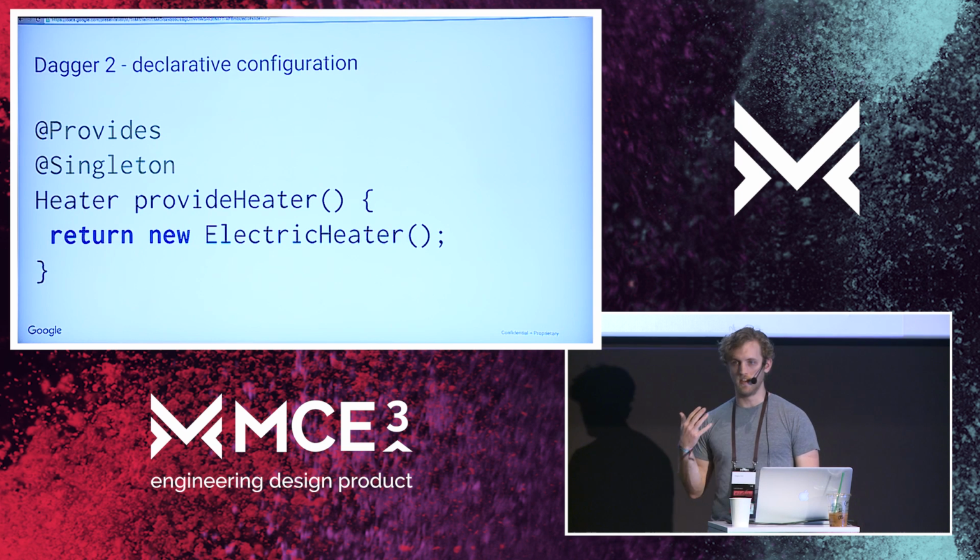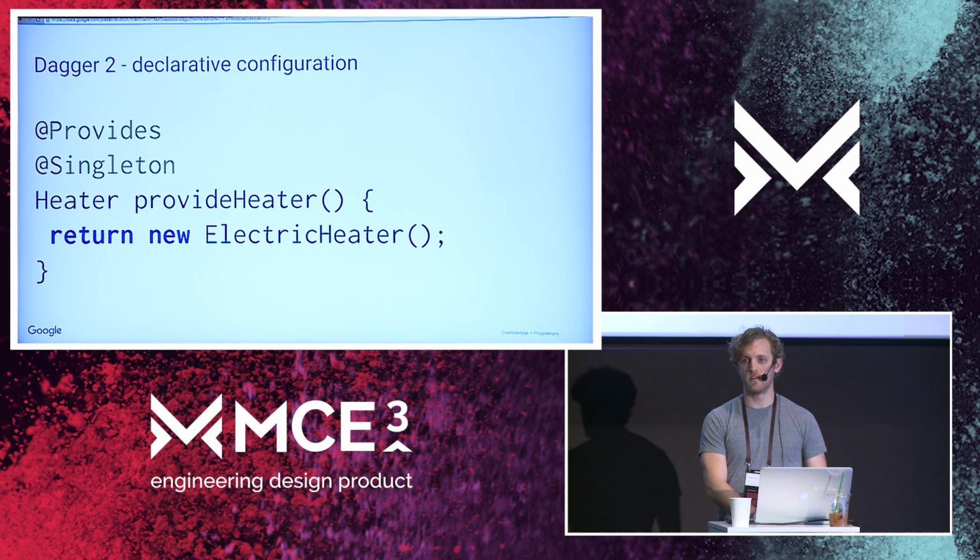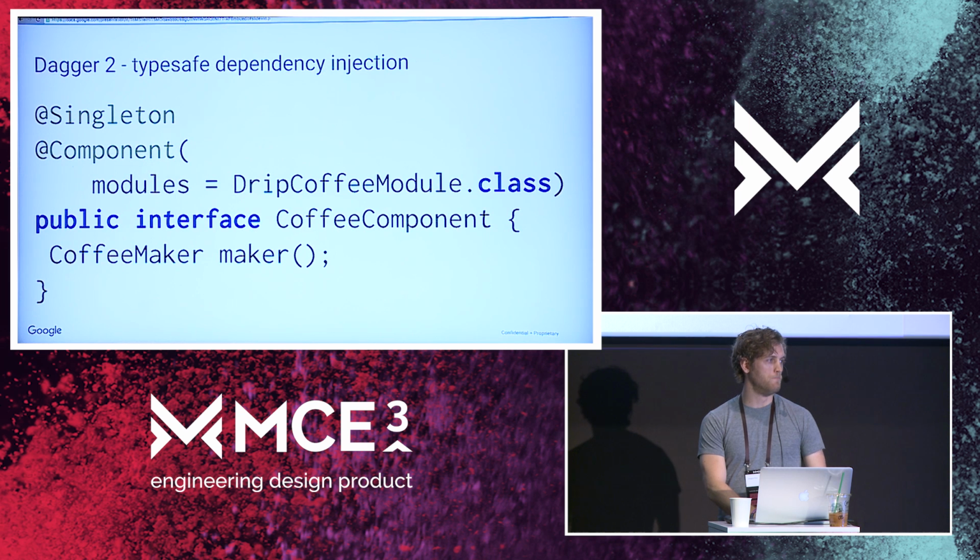So if you want to say the heater that I'm using is an electric heater, you can write a method to express just that. We also have on that annotation singleton says, how many of these do I want per my application? And singleton, just like the design pattern, means just one. So dependency injection will manage the number of instances for you.